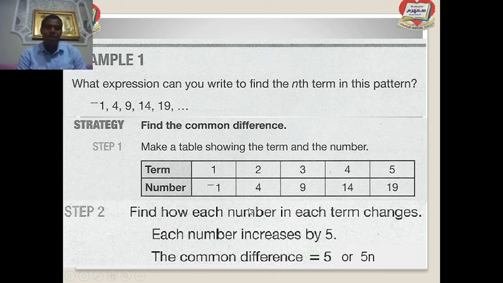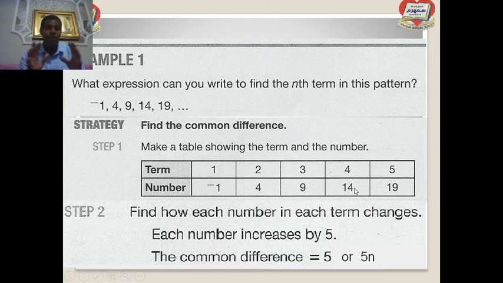So let's see, from -1 to 4 we added what? 4 minus (-1), 4 plus 1, gives 5. You can also see this by checking the third term minus the second term: 9 minus 4 gives 5, 14 minus 9 gives 5, 19 minus 14 gives 5.